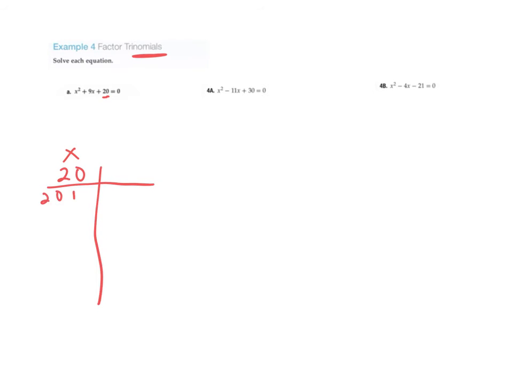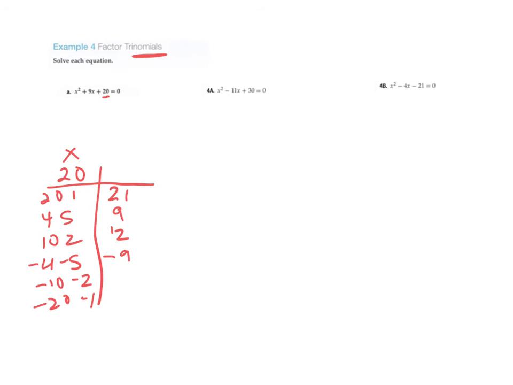Like 20 and 1, and 4 and 5, and 10 and 2, and a negative 4 and a negative 5 also give me a positive 20, and a negative 10, and a negative 2, and a negative 20, and a negative 1. And then if I add them up, I get 21, 20 plus 1, and 4 plus 5 is 9, and 10 plus 2 is 12.